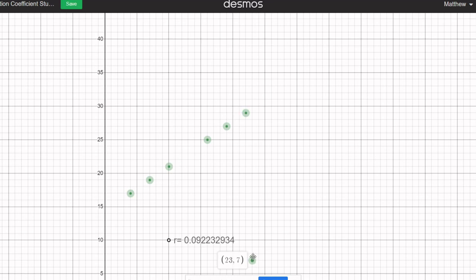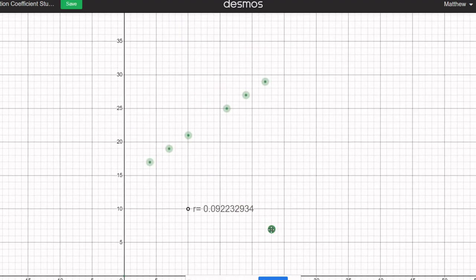Now I just wanted to show you as well that the further you move these points away so that they're not all on a straight line, you can see the difference it makes. So something like that, it's still pretty high actually. Look, the R value is 0.933, so pretty high.